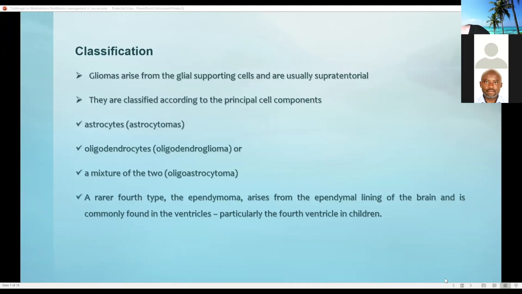As I said before, we have a rare fourth type of glioblastoma, essentially in children, which arises from the fourth ventricle, especially in children. Next slide.